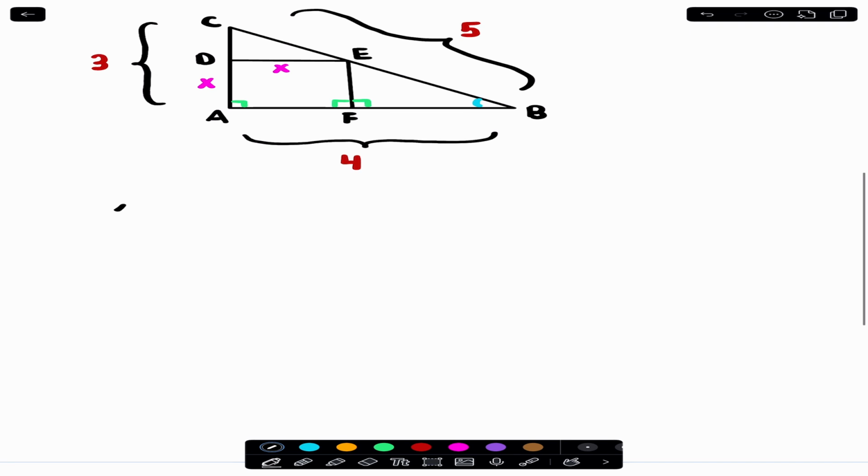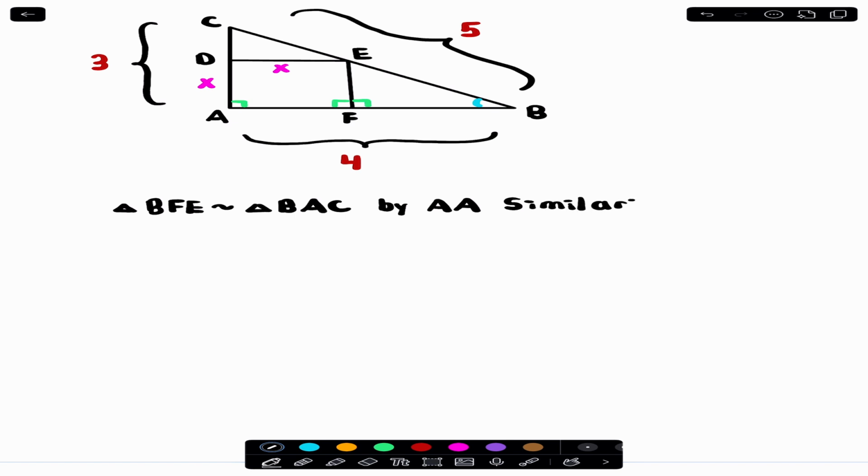So the ones I've just traced, triangle BFE is similar to triangle BAC. And this is of course by angle-angle similarity because we have a 90 degrees in both triangles and they share an angle in common, this one.